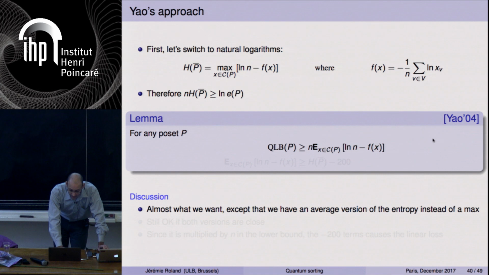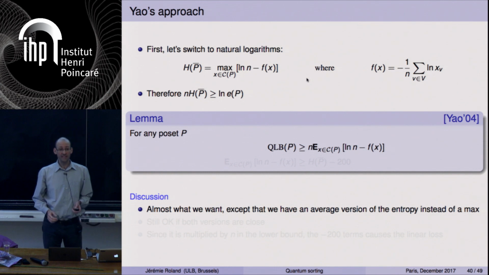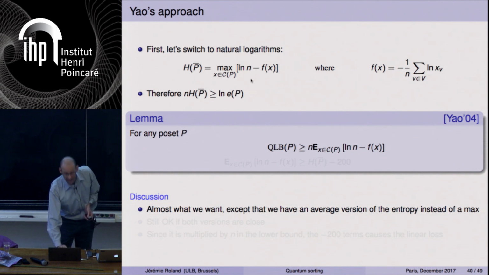And what Yao could prove is that this bound QLB that he proved is at least n times the expectation over the chain polytope of this quantity. And now remember that the entropy was the maximum over the chain polytope of the same quantity. So essentially, he gets exactly what he wants, but he has an expectation instead of a maximum.